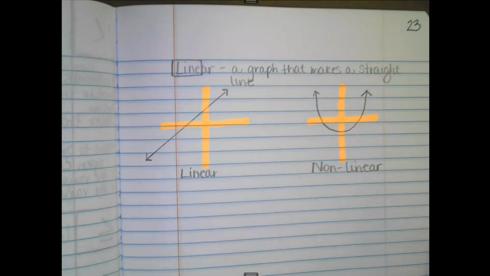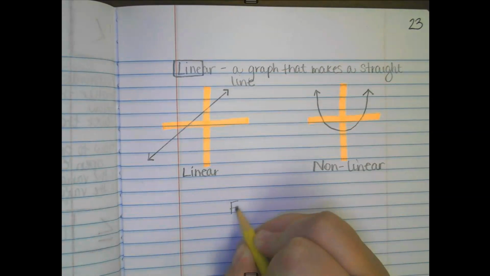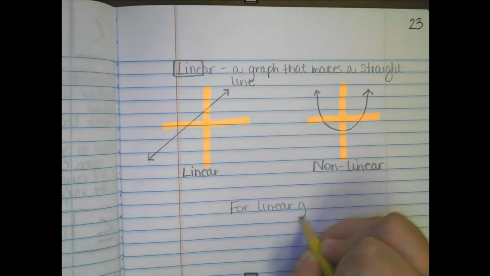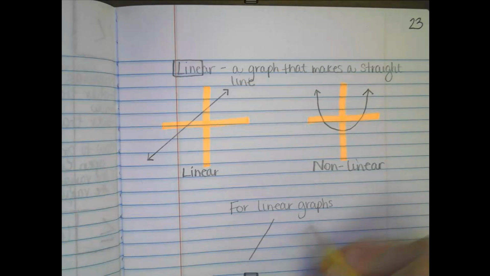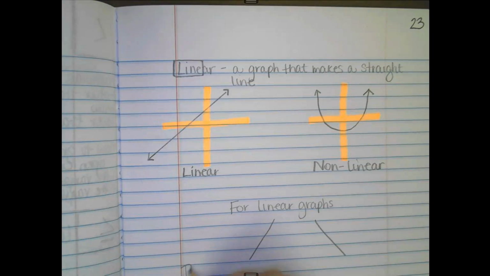Now, when looking at linear graphs, we have two different kinds. All right? We have our first kind, which are proportional.